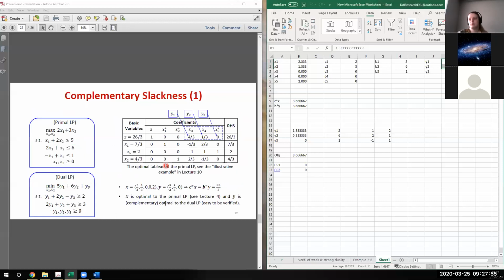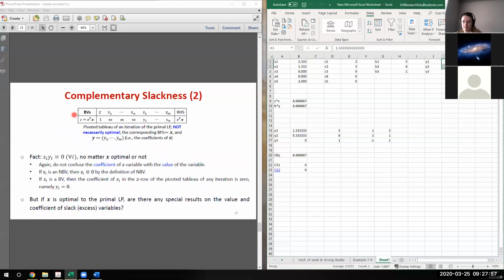Okay, now let's have a look at the second part of the complementary slackness. Here, again, we define in the same way: the coefficients of the corresponding slack variables are y1 to ym. And again, this x is any basic feasible solution, not necessarily optimal.